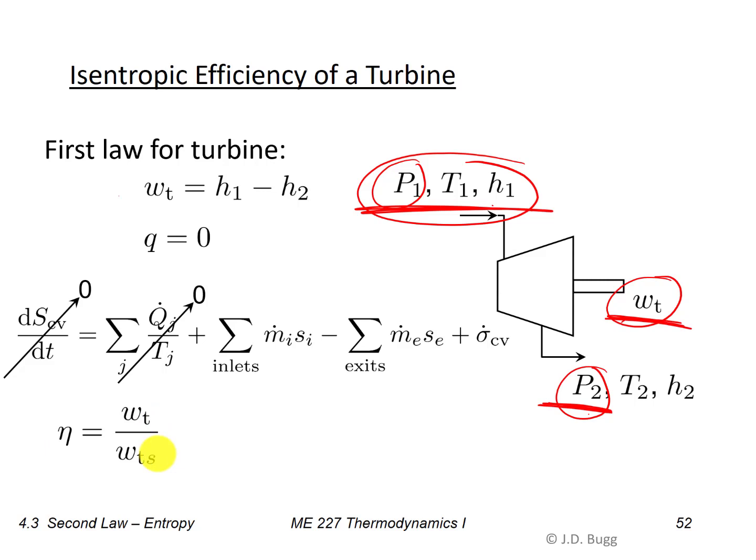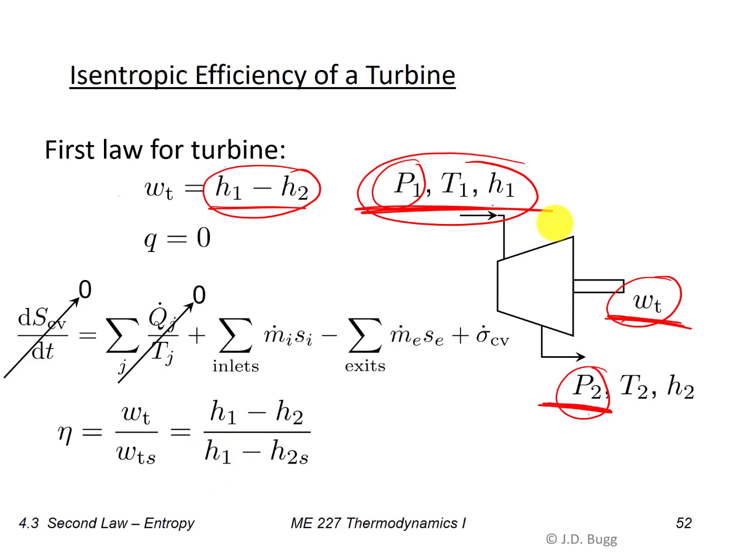Now what we can do is represent each of these works by a change in enthalpy by using this equation. So that tells us that the isentropic efficiency of a turbine is H1 minus H2, so that's the real work, divided by H1 minus H2S. Notice this tells us again we're looking at the same inlet conditions. These H1's are exactly the same.